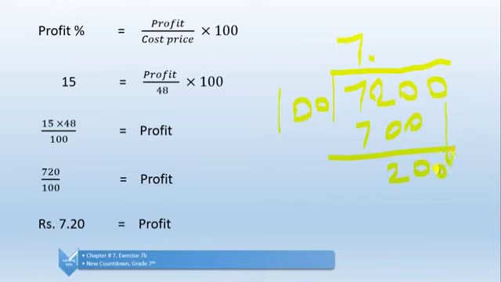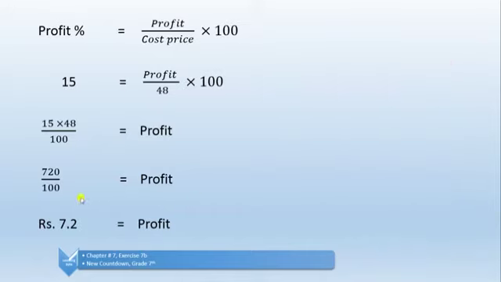So 2 times 100 equals 200. So now we have found the value of profit, which is 7.2 rupees.